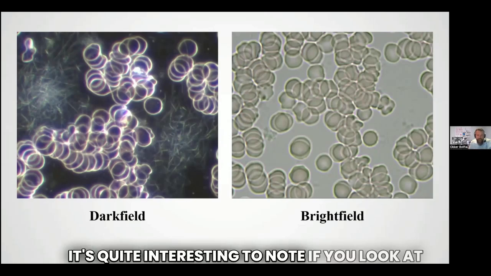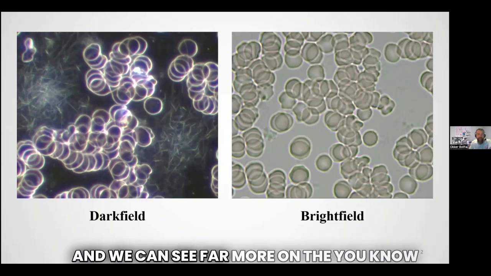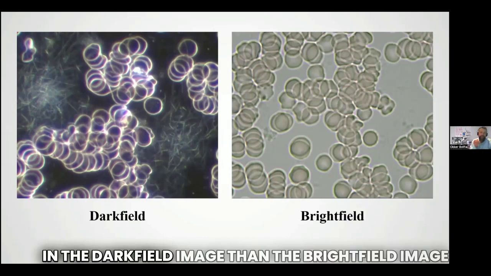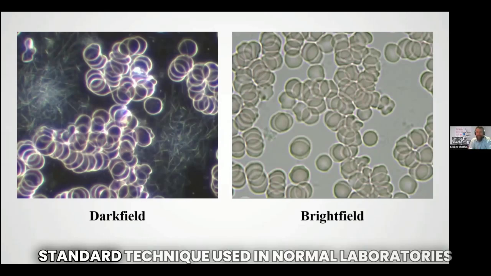Now, it's quite interesting to note, if you look at the two, the images are from the same sample, and we can see far more in the image on the left-hand side, the dark field image, than the bright field image. Bright field microscopy is your basic standard technique used in normal laboratories.